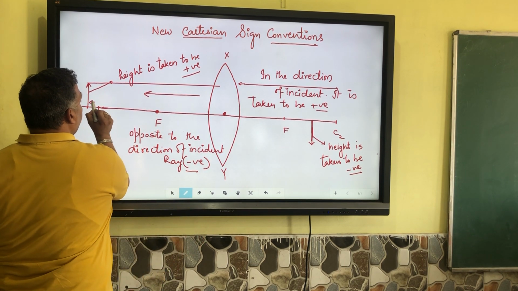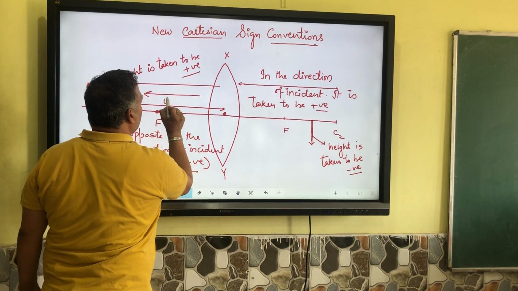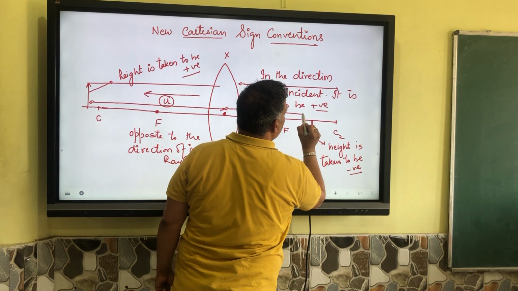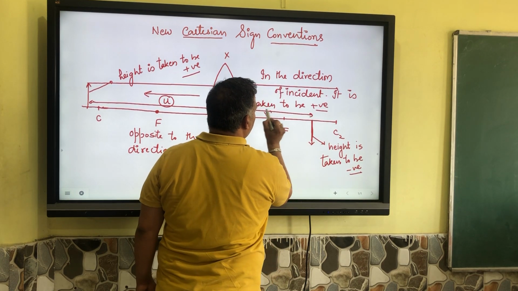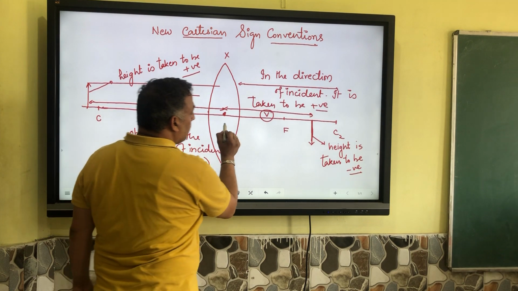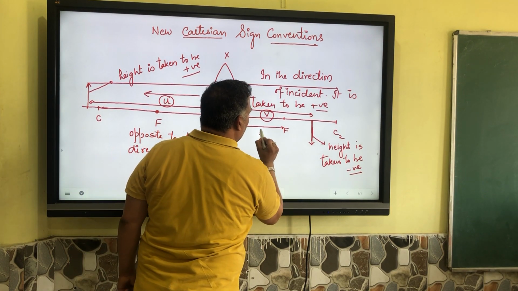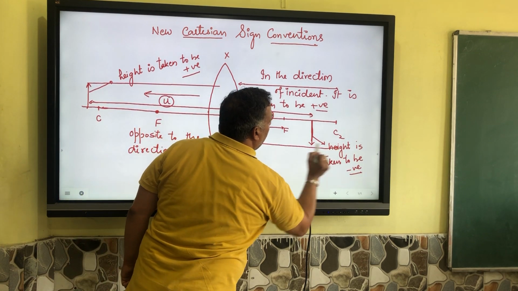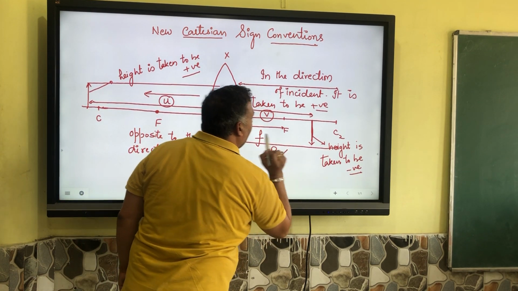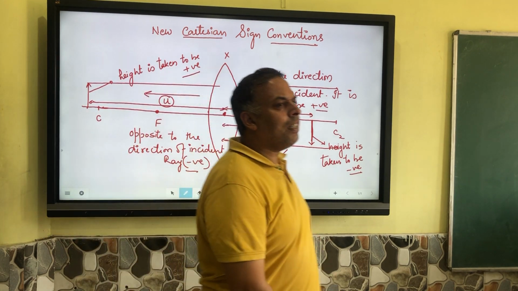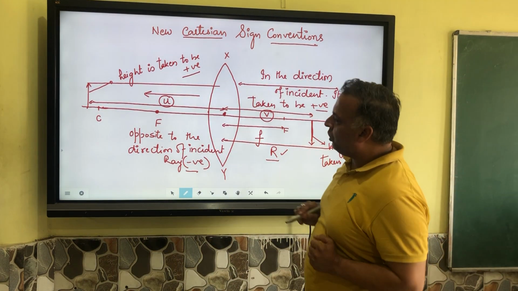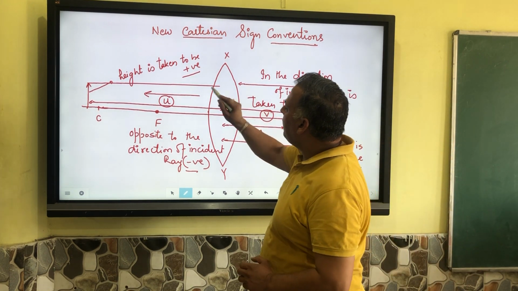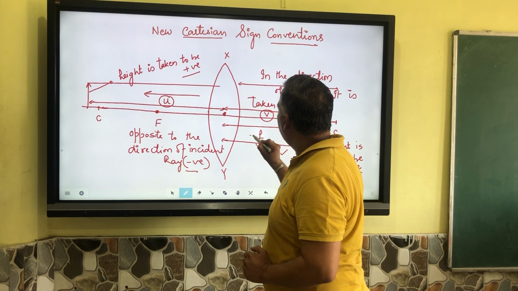So the distance of the object from the pole is said to be u, the distance of the image from the pole is said to be v, the distance of the focus from the pole is noted as f, and the distance of the center of curvature from the pole is noted as r. For a biconvex lens, distances on this side are taken to be positive, so the biconvex lens focal length is positive.